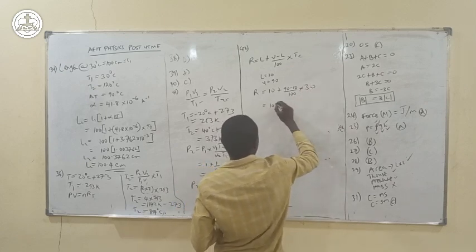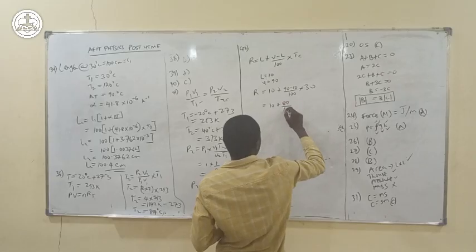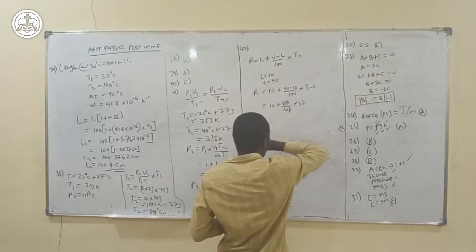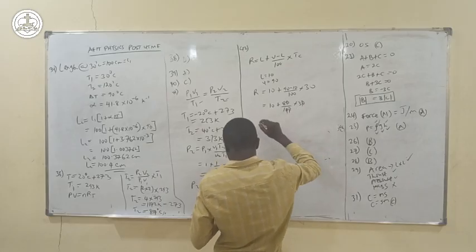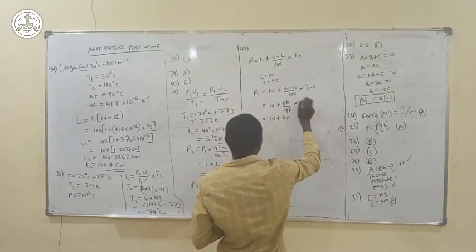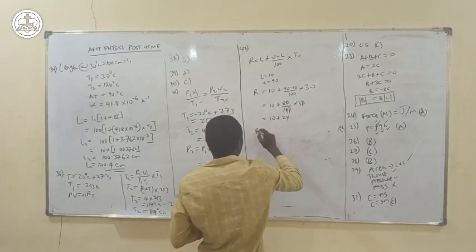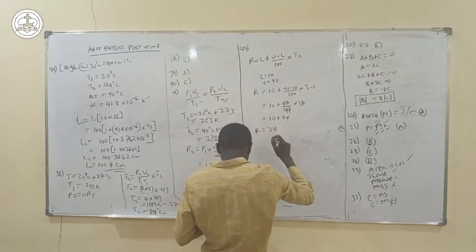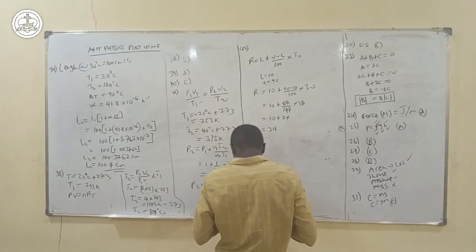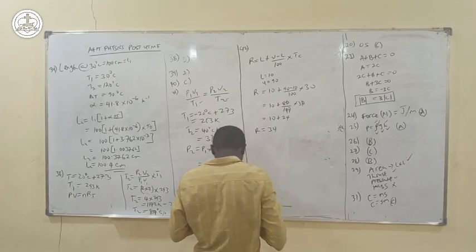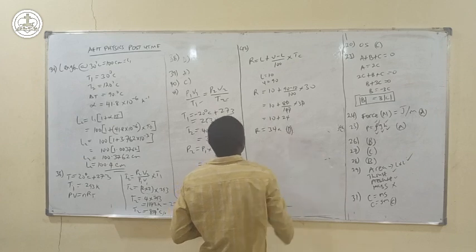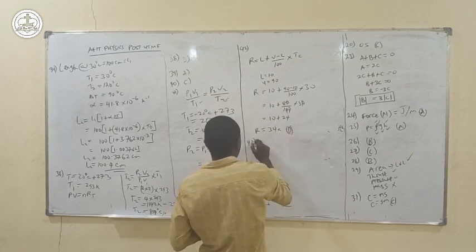So this is equal to 10 plus 80 over 100 times 30. So R is equal to 10 plus 24 because 8 times 3 gives you 24. So R is equal to 34. 34A, D, option D.